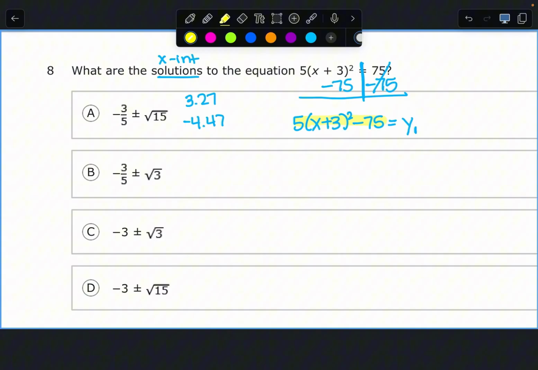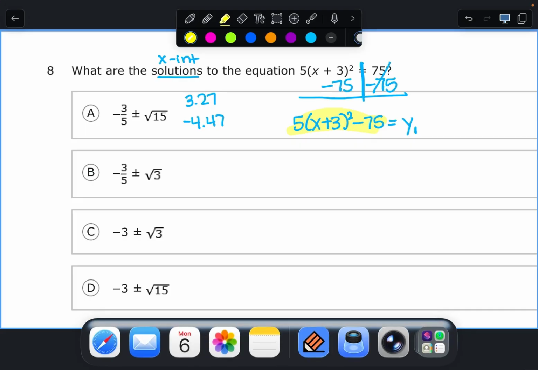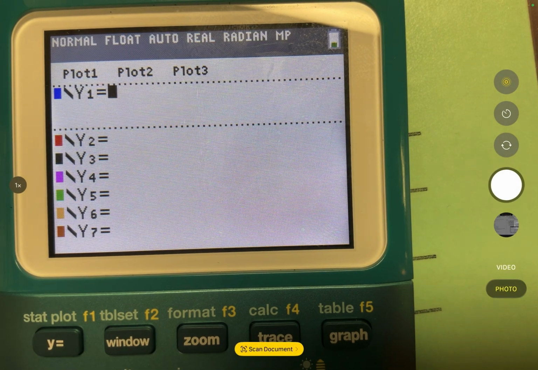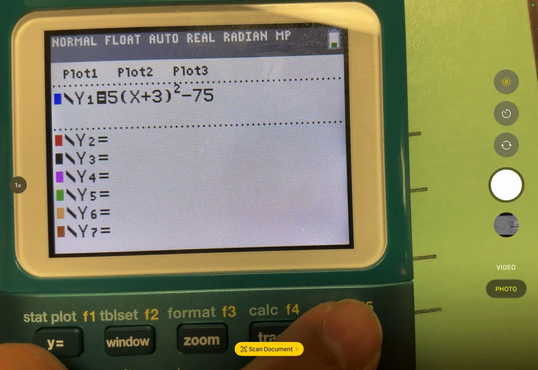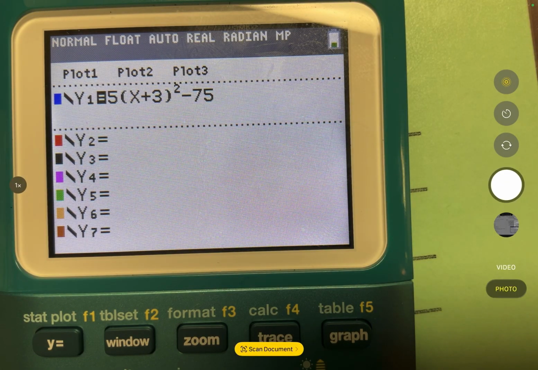The calculator will do the math. Okay? So y equals, minus 75. And then graph.